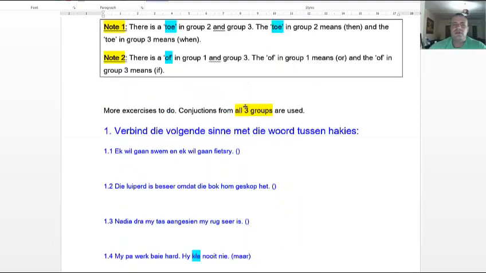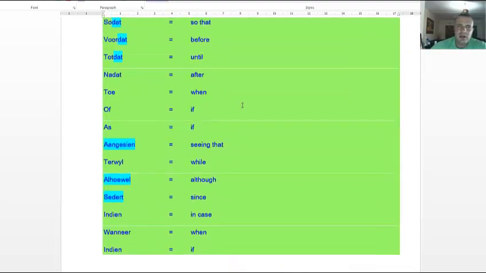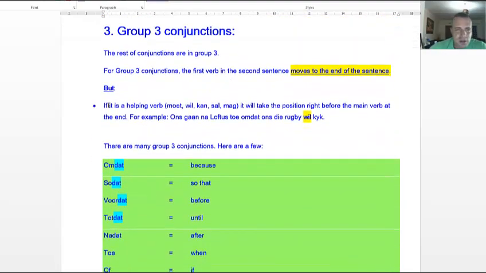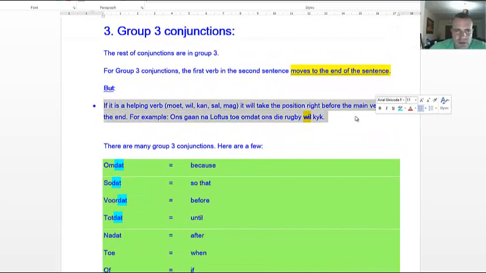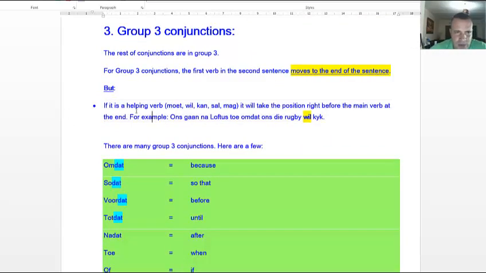Now if we go back to our note here in the beginning, just read this with me. So if we have a helping verb, and these are the helping verbs, your teacher might call them auxiliary verbs. Whatever, it doesn't matter. It just means it helps another verb.